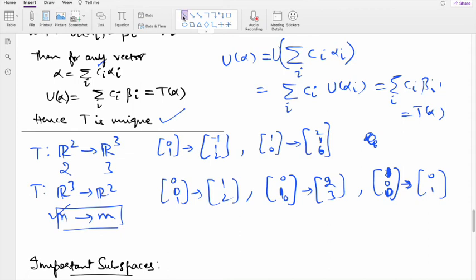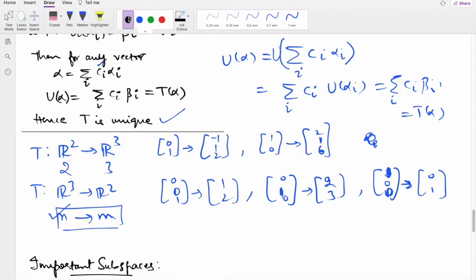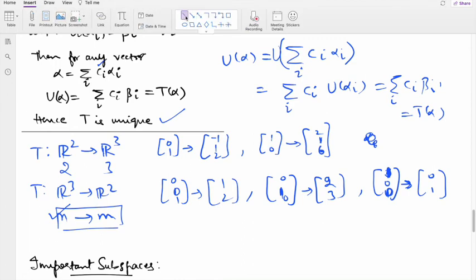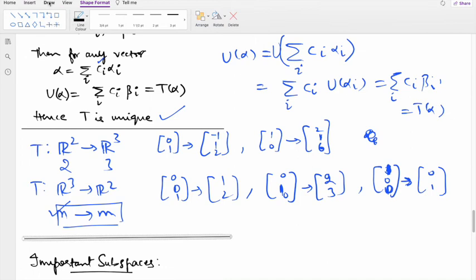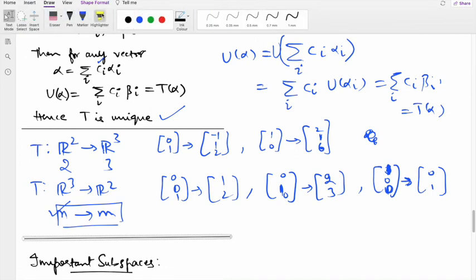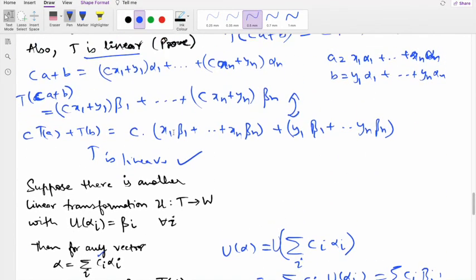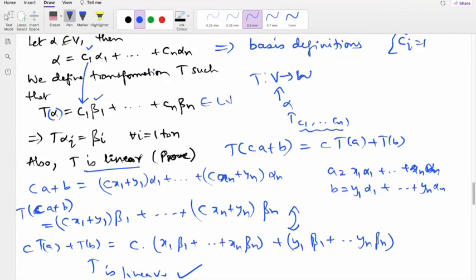That's the idea and the use of this theorem.